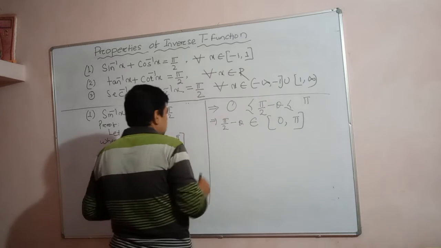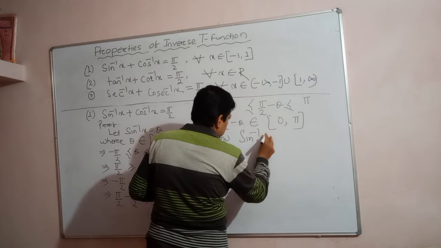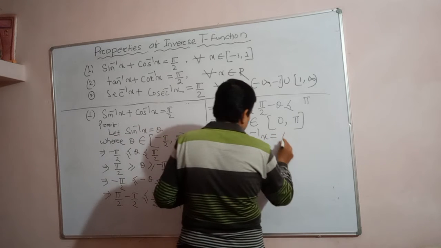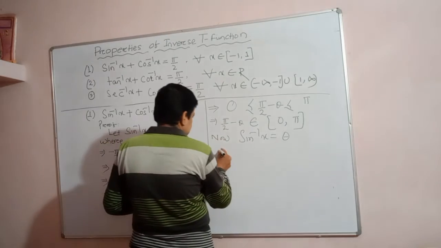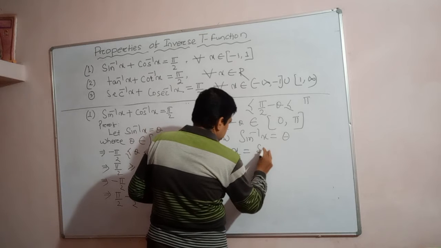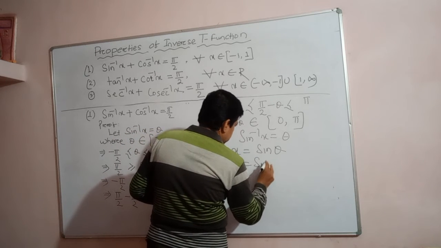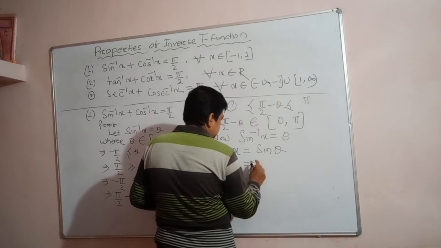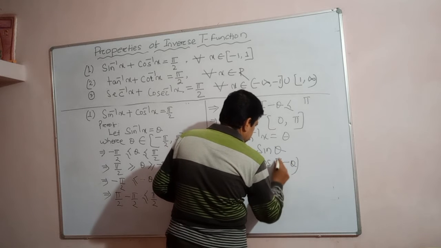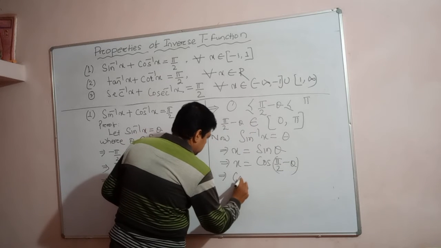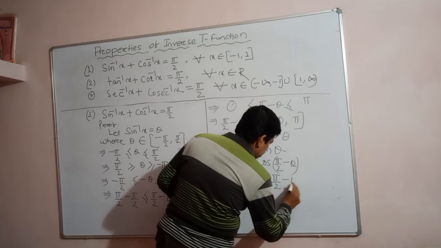Okay, so now sine inverse of x is equal to theta, as you have already written. So that implies x is equal to sine theta. That implies x is equal to cos of pi by 2 minus theta, since sine theta can be written as cos of pi by 2 minus theta. That implies cos inverse of x is equal to pi by 2 minus theta.